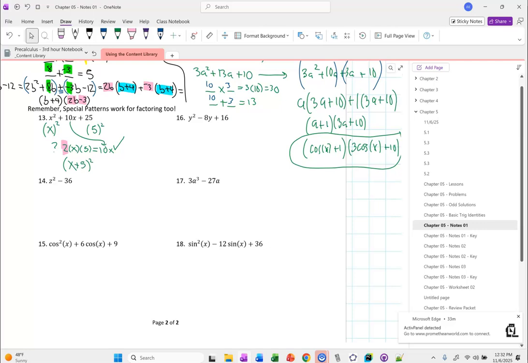That's so many things I'd have to check to find the two things I multiply to give me that. It's really frustrating. So in situations like that, if you can get away with just one quick perfect squares check and it works, what a lifesaver that is. How do we do 14?